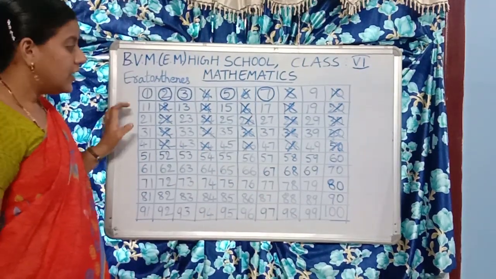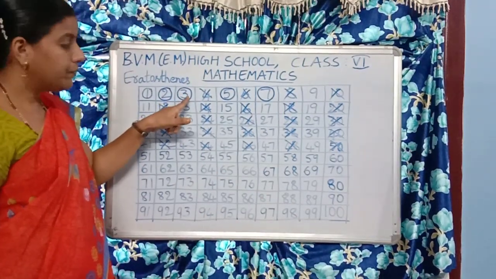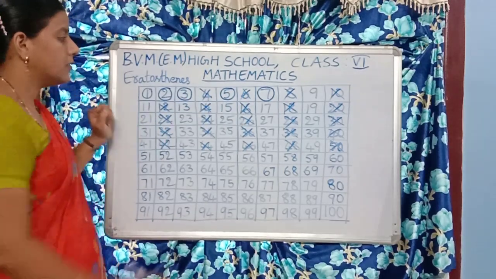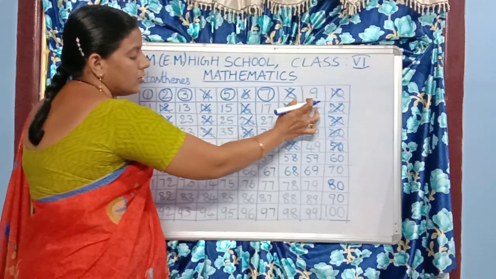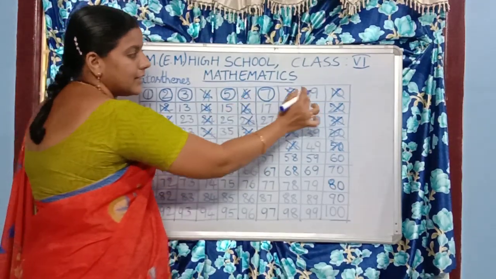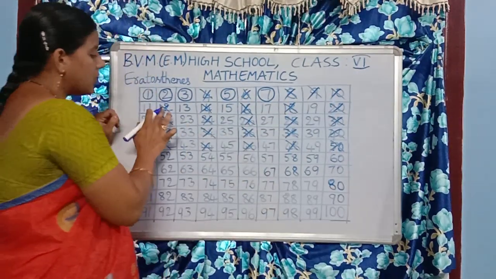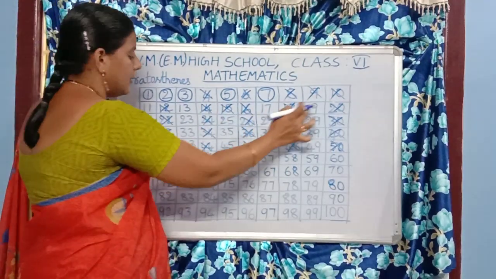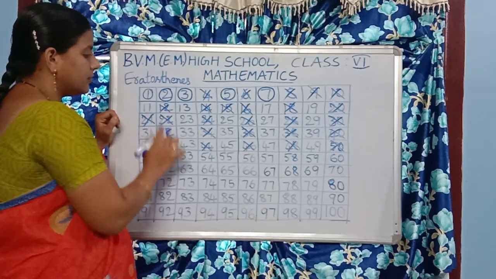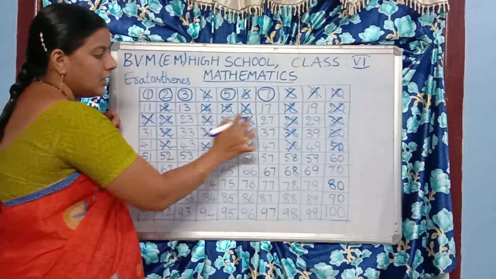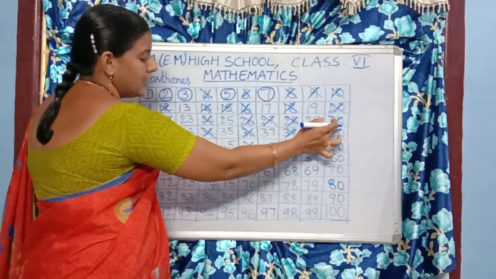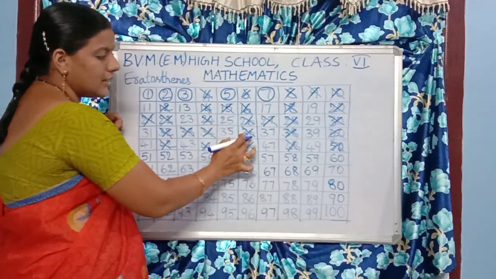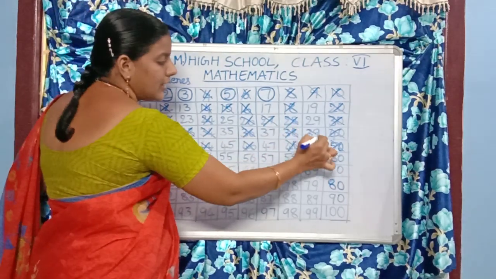And next, the multiples of 3. 3 2s are 6. Already it is crossed out. 3 3s are 9. 3 4s are 12. 3 5s are 15. 3 6s are 18. 3 7s are 21. 3 8s are 24. 3 9s are 27. 3 10s are 30. 3 11s are 33. 3 12s are 36. 3 13s are 39.